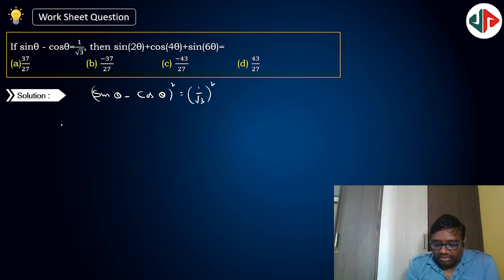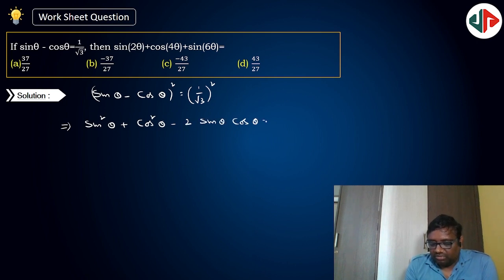Now if you simplify, this value becomes sine square theta plus cos square theta minus 2 times sine theta into cos theta is equal to 1 by 3. So this is nothing but 1 minus 1 by 3 is equal to sine 2 theta. So what is our sine 2 theta value? 2 by 3.